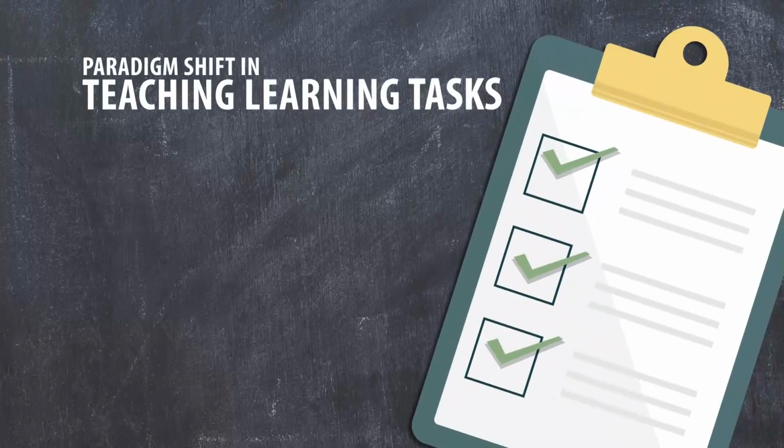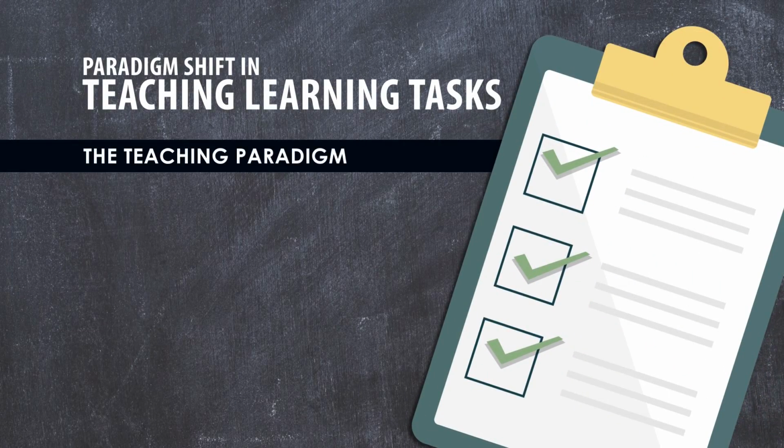Let us see the learning task changes that have taken place in the paradigm shift in science teaching. The teacher in the teaching paradigm emphasizes the completion of the syllabus. If you remember, most schools still follow a pattern wherein the chapters are separated into 3 sections across the examination times.